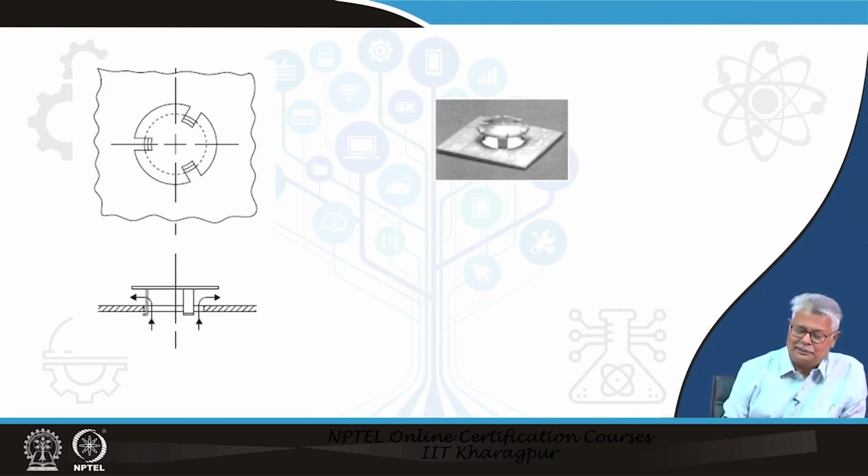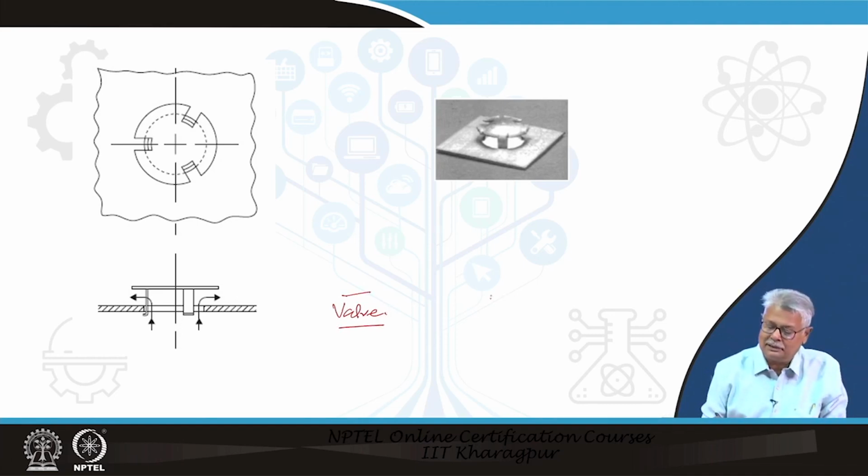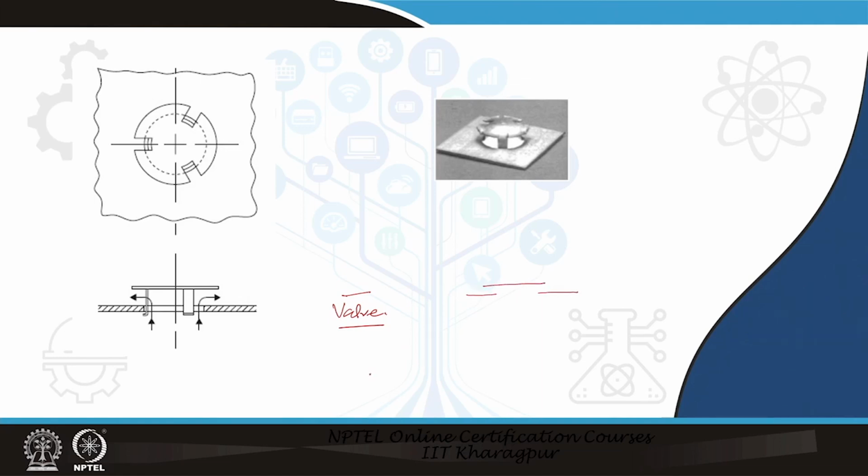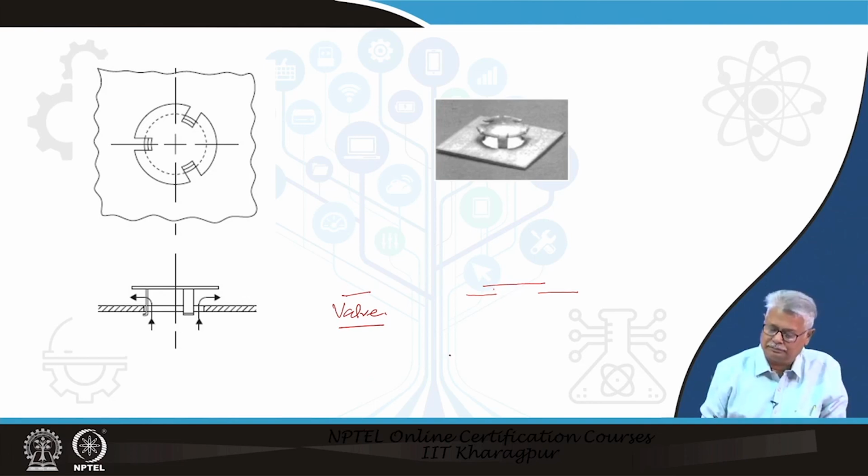Beyond this, what we see is the other type of disperser, which is basically the valve type. The valve type means basically what you have in this case is a flat disc. The flat disc, if it sits on this hole, will leave it closed.